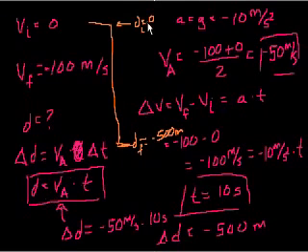We could have done it the other way around, where we said this is plus 500 meters and this is 0. But all that matters is really the change in distance, right? We're saying from the top of the cliff to the ground, the change in distance is minus 500 meters. Based on our convention, we said minus is down. So the change is 500 meters down. And that's the height of the cliff.